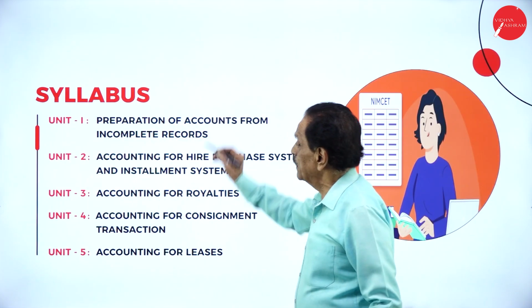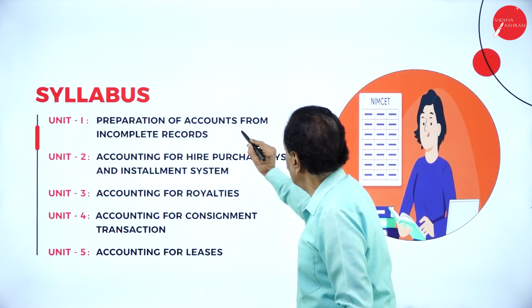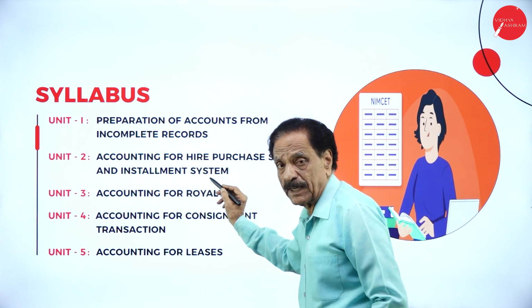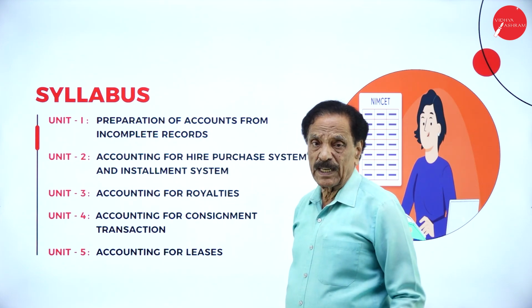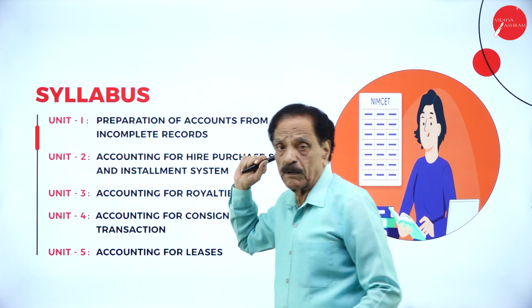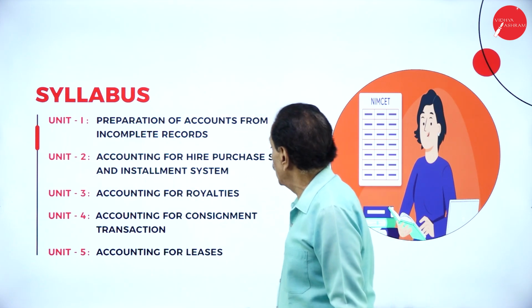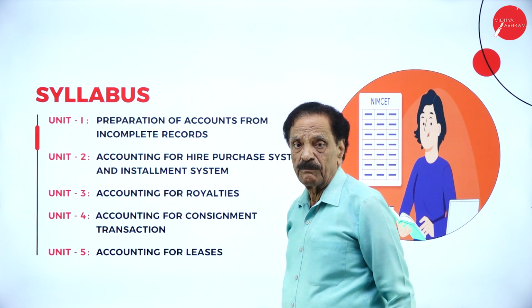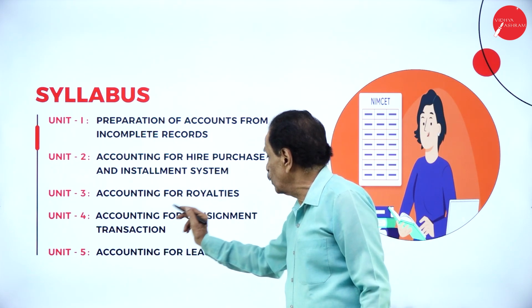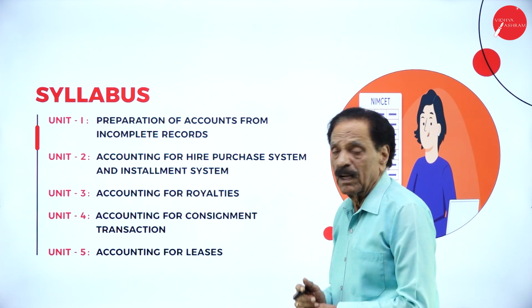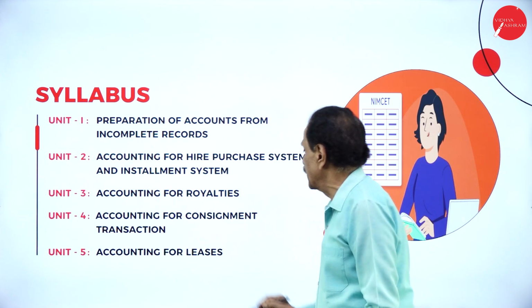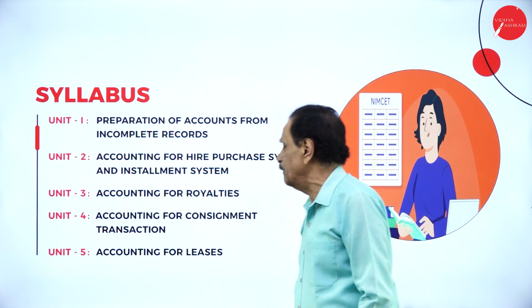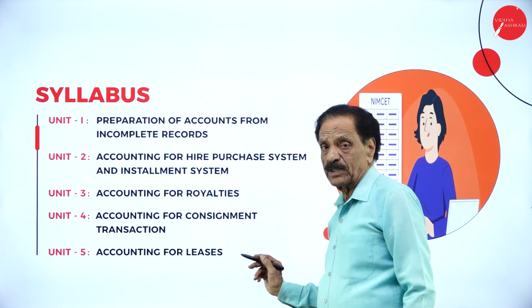We'll move on. The syllabus is preparation of accounts from incomplete records, nothing but the single entry system of bookkeeping. This is accounting for hire purchase system and installment system. So both will come. Accounts for royalties, accounting for consignment transactions, accounting for leases.